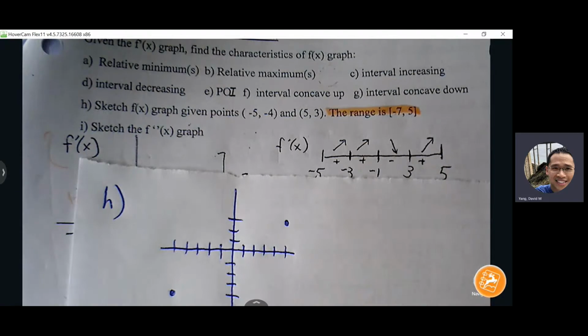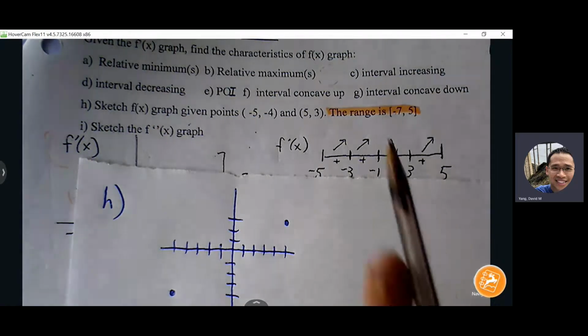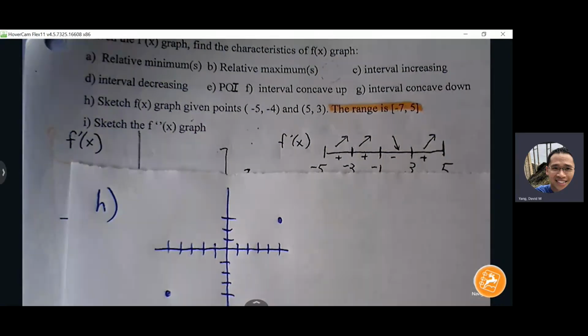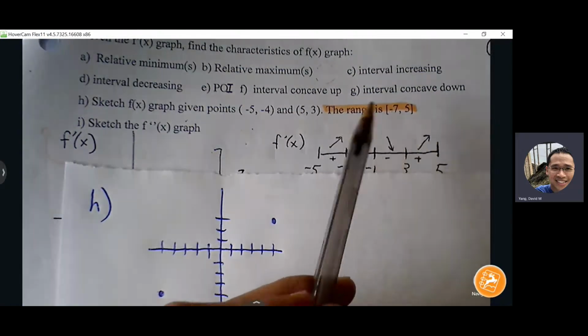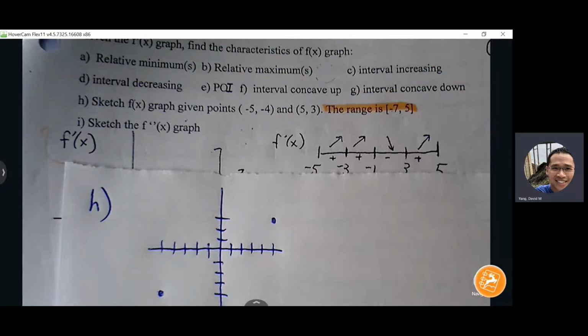However we sketch our graph, we may need to pull and push on it so that it fulfills this condition. We want the lowest point to be at a y value of -7 and the highest point to have a y value of 5. We can worry about that at the end, but we do need to go back and adjust our graph so that it fits that interval.